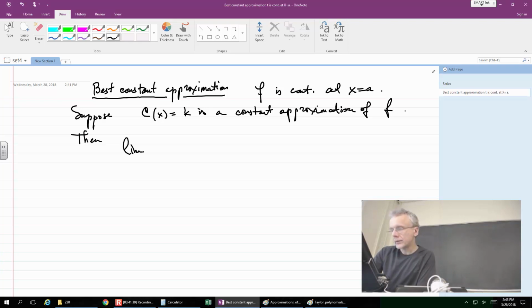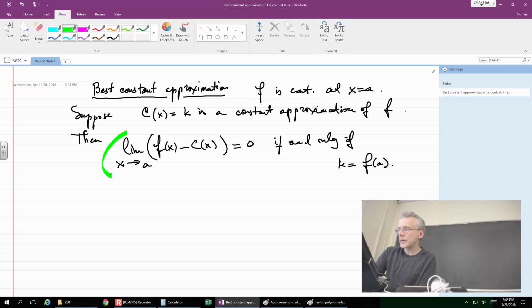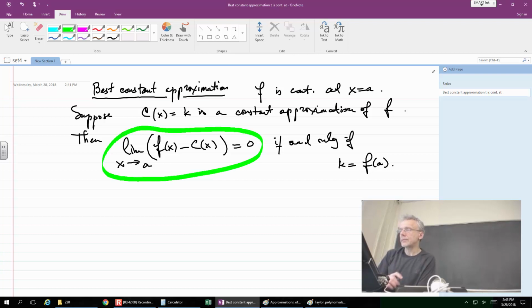The limit of f of x minus C of x is equal to 0, that's what we're after, if and only if k is equal to f of a. So as you can see, this is the criterion of what we want to see.